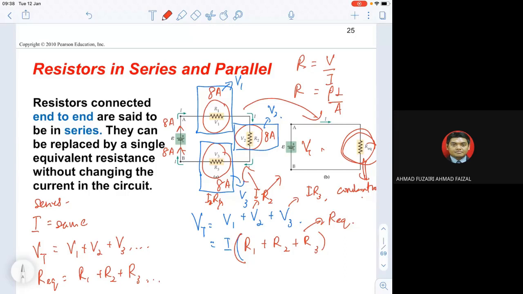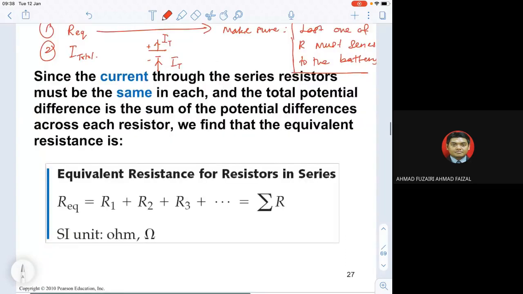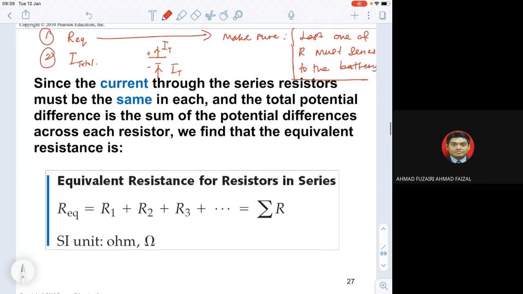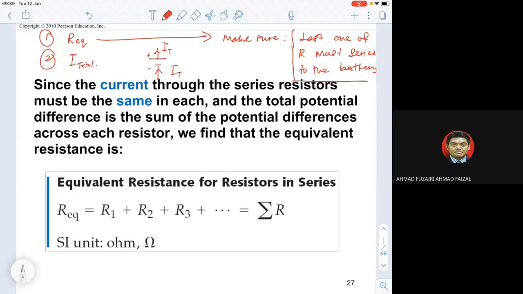So that's what is meant by R equivalent. So R equivalent times I total. So this is I total. I total times R equivalent to get V total. Remember these things. It's very good for you to understand both R equivalent and I total.